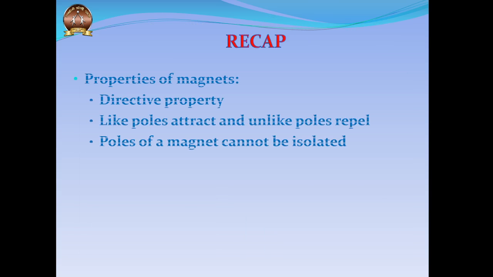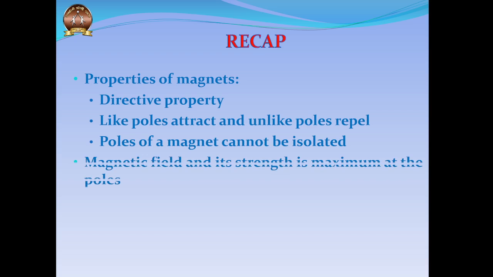So let's recap. We have learned about the properties of magnets, namely the directive property, that a freely suspended bar magnet would always face in the north-south direction of the earth. Then we learned that unlike poles of magnets attract each other, whereas like poles repel each other. We also learned that the poles of a magnet cannot be isolated. The magnetic field and its strength is always maximum at the poles.